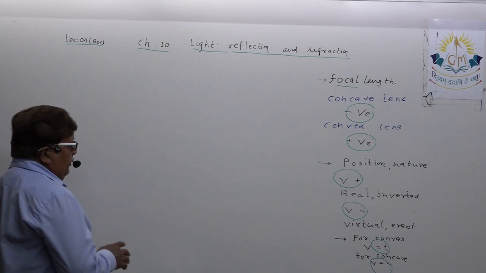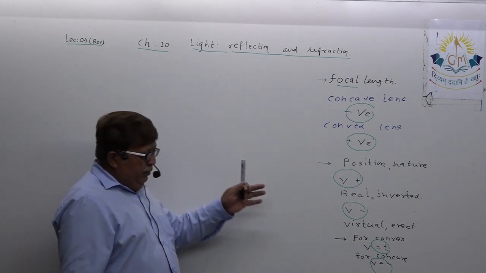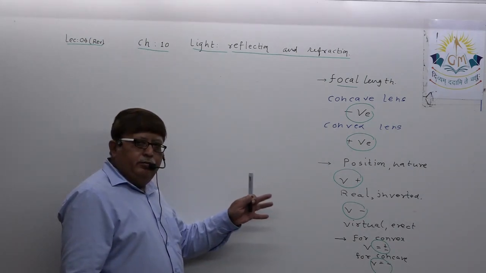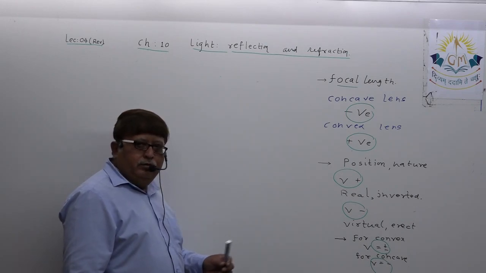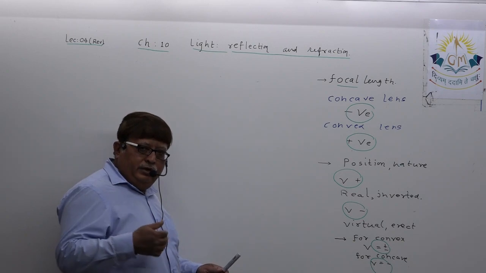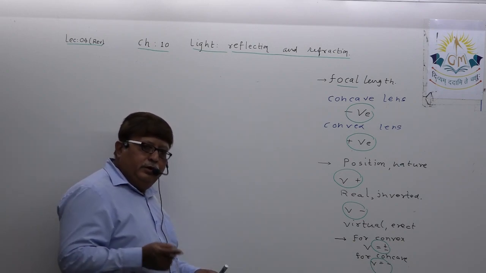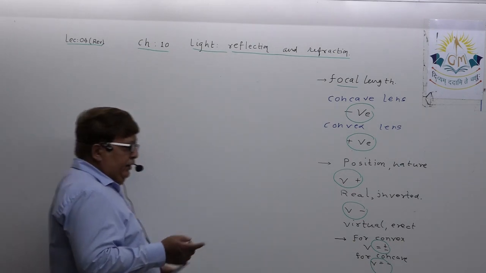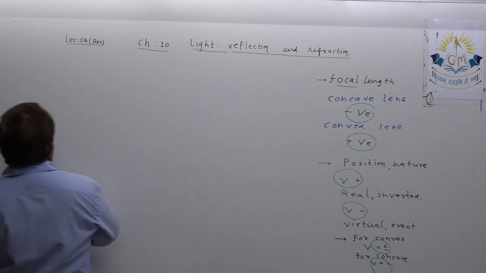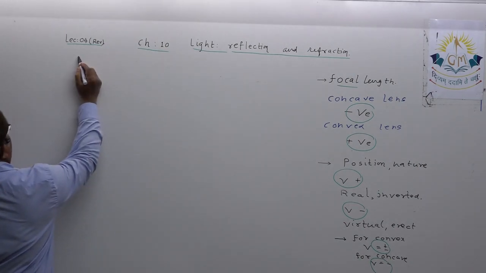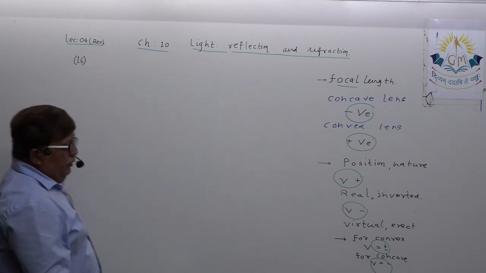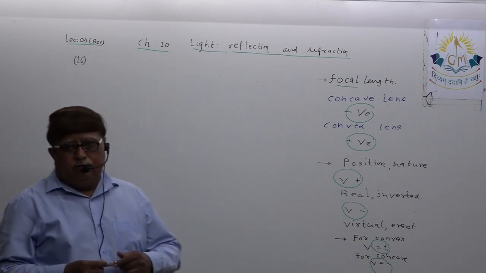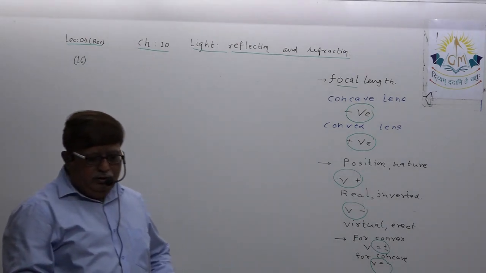So, dear student, keeping some of these points in our mind, we are going to solve some numericals. Continue from your PDF. Number 16. Okay, number 16 we are discussing. You first just read from your PDF.